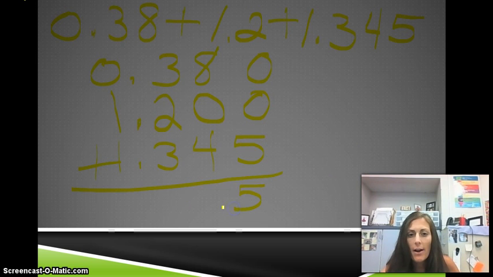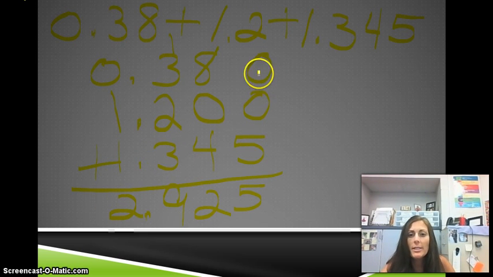0 plus 0 is 5. 8 plus 4 is 12. 3 plus 1 is 4, plus 2, 6, plus 3 is 9. And 1 plus 1 is 2. So I've lined up my decimals. I've lined up each place value.